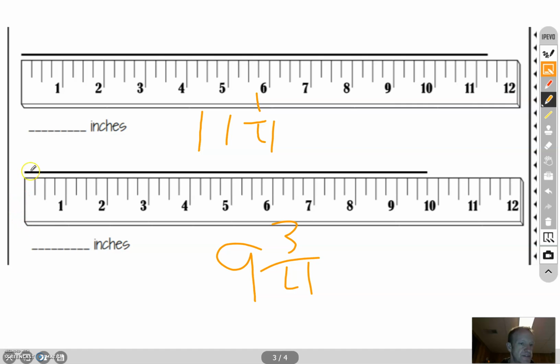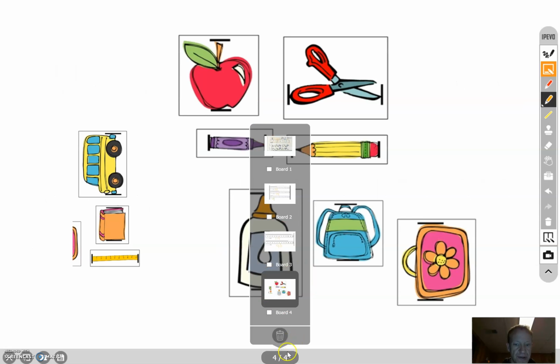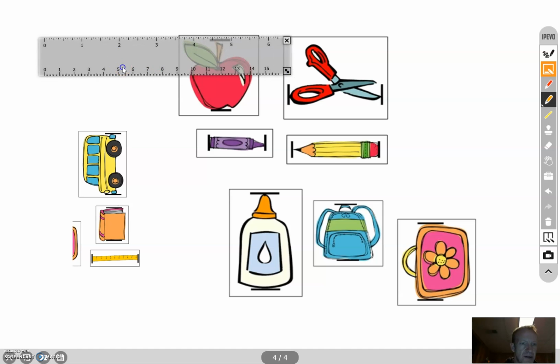Notice how this ruler starts at 0. The rulers that we do in class also start with 0. But there are also other rulers that I want you to take notice of. These are the rulers that you will see on your Google slides. I have a ruler over here. It's a little bit different than what you have because there are other markings on this ruler.